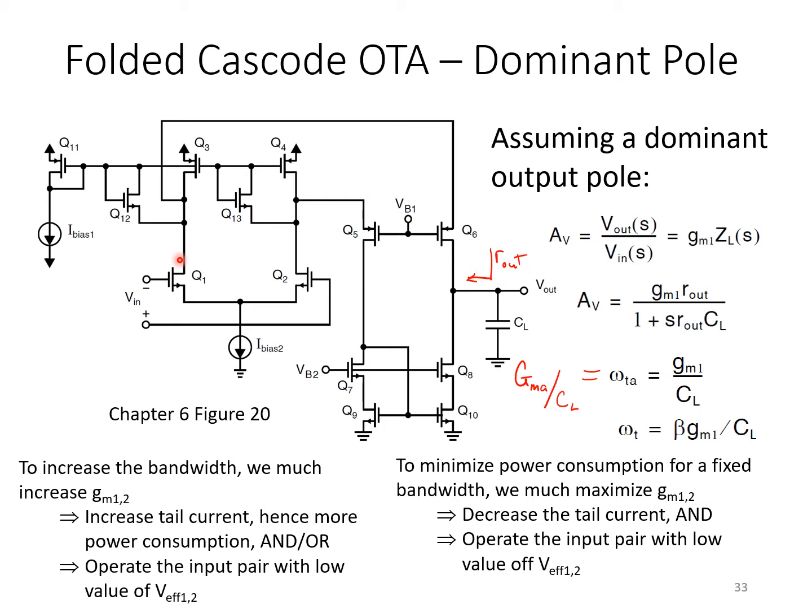Although in some cases, for extremely low power applications, you'll see them biased all the way in subthreshold operation. Classic example there is in digital wristwatches, where you need the circuit to operate from a very small battery for a very long period of time. Then you'll see the input pair operated with a very low Veffective.